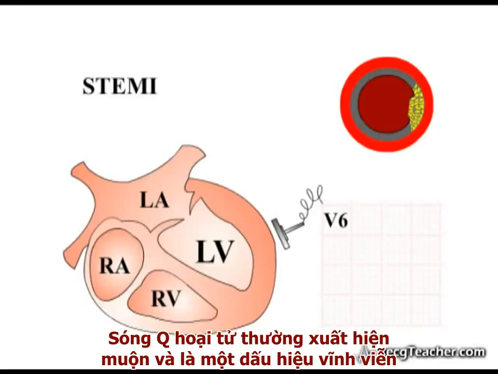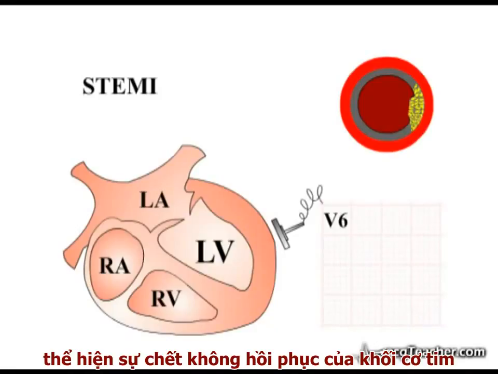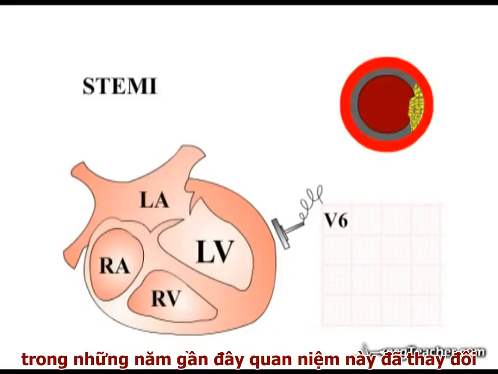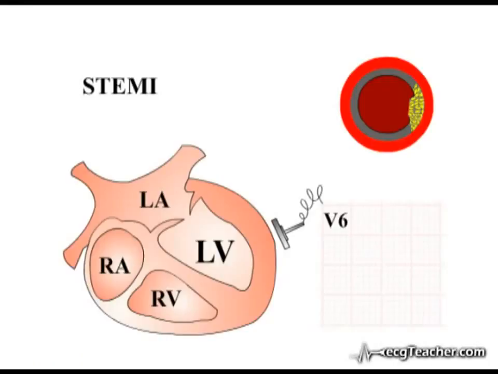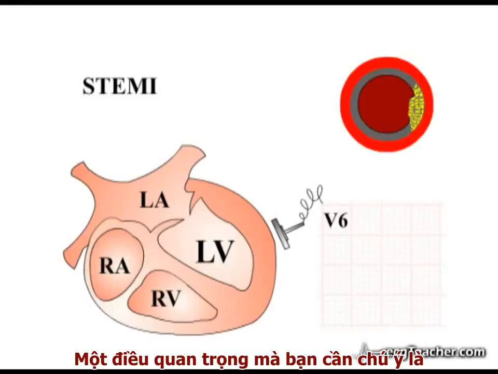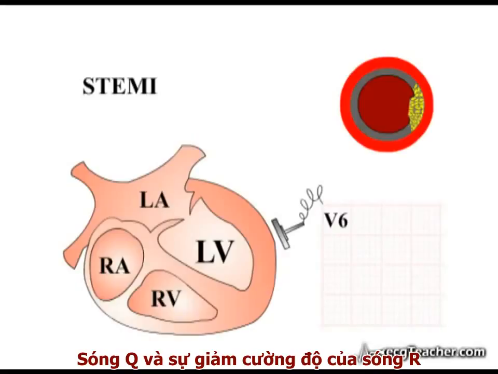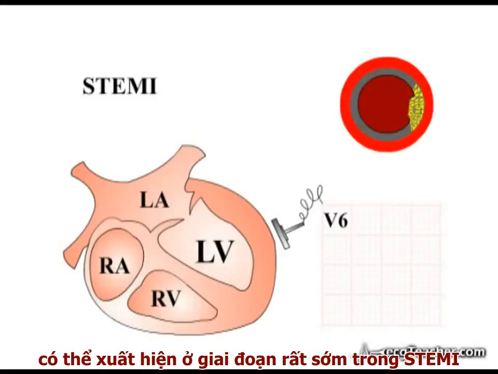The traditional view of pathological Q waves as a late and permanent marker of irreversible myocardial death has been modified in recent years. It is important to be aware that in a proportion of cases, Q waves and loss of R wave activity may develop very early in the course of STEMI.